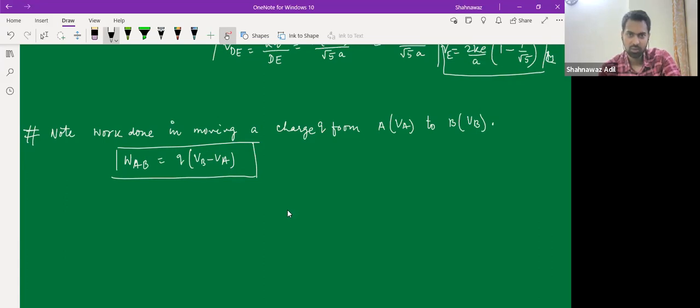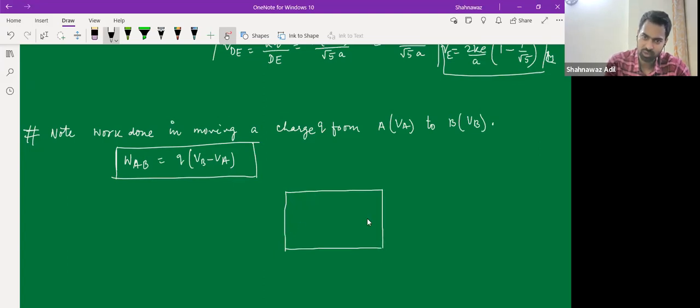Is that clear, guys? Yes, sir. Okay, so just note down the same problem and please do this homework. So we have this E point and this O point, and we have the same charges, 2E, E, minus E and minus 2E. So this is the O point.